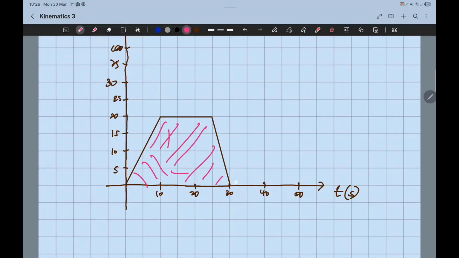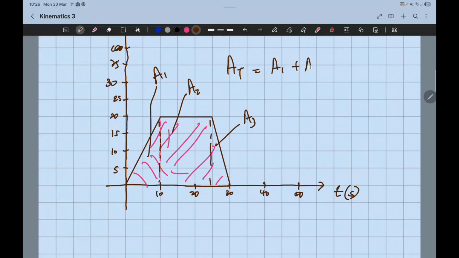So to find the area you can divide it into 3 portions: area 1, area 2, area 3. So area total becomes A1 plus A2 plus A3.